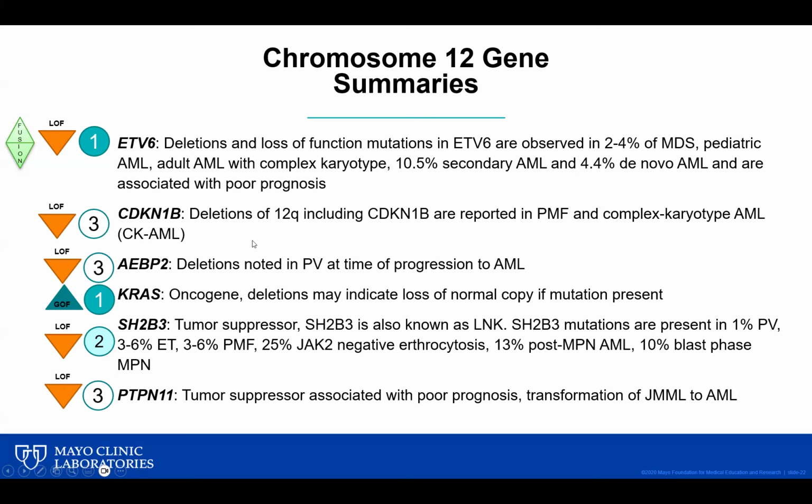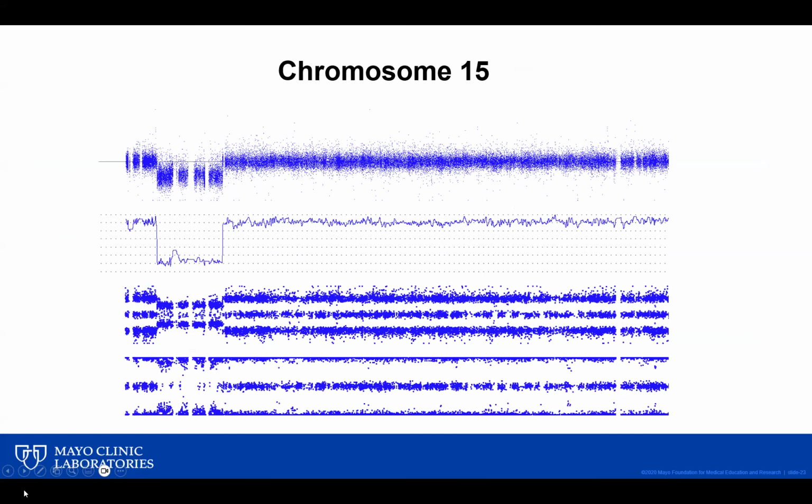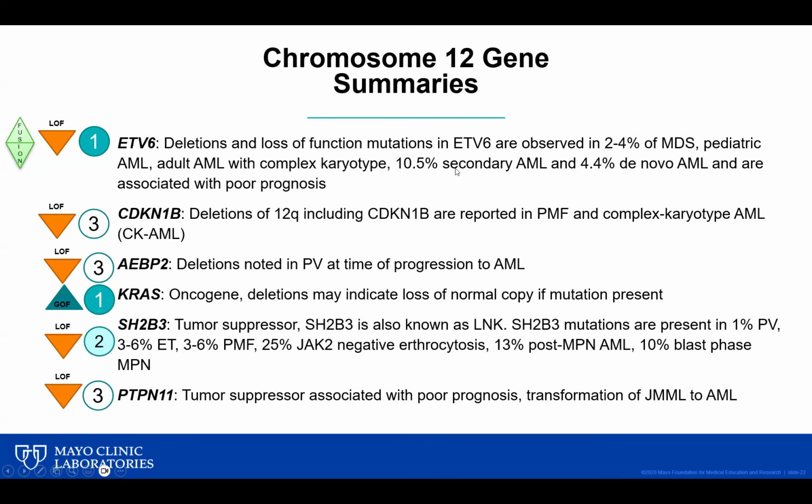CDKN1B deletions are reported in different myeloid neoplasms, including complex karyotype AML. So we would include CDKN1B.